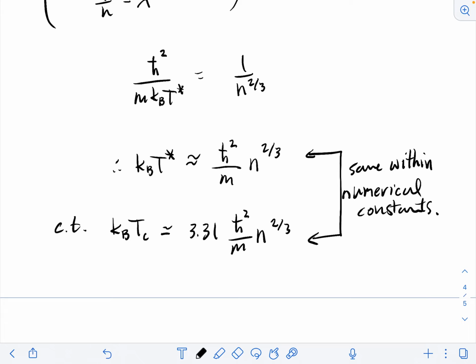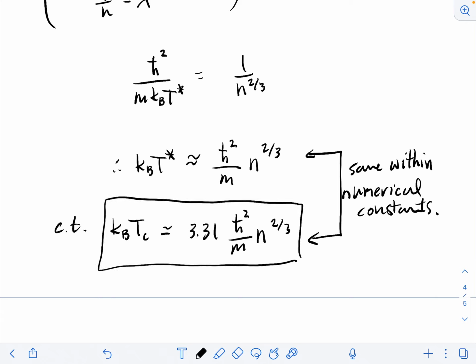And we assumed that at that temperature, the total number of particles in the system was approximately equal to the number of particles in excited states. And we used that condition to come up with this definition of the critical temperature for Bose-Einstein condensation.